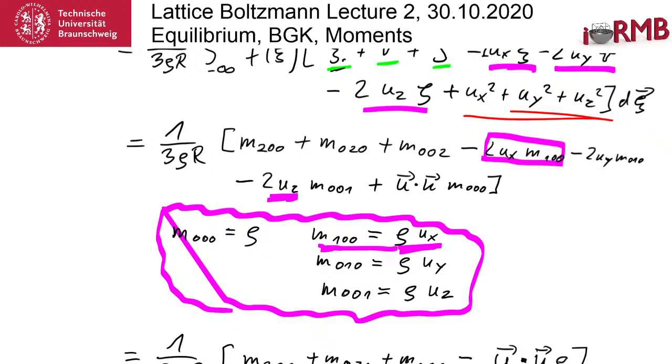Now back here, if we combine this, we'll have minus 2 ux squared times rho. But we already have ux squared plus ux squared times rho. This is this here.